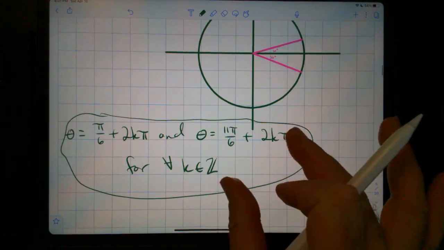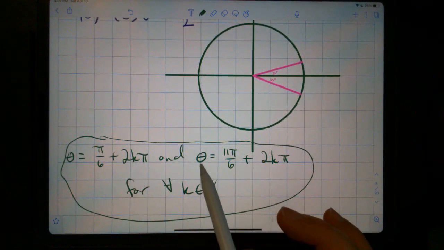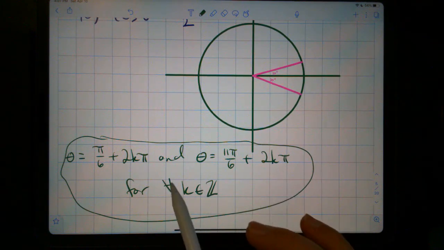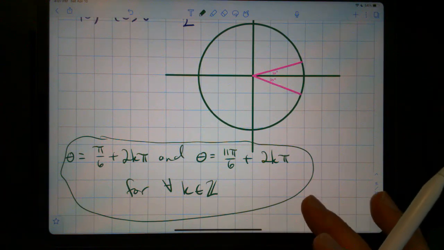So here, theta is equal to pi over 6 plus 2k pi, and theta is equal to 11 pi over 6 plus 2k pi for all k in Z, for all integers k.